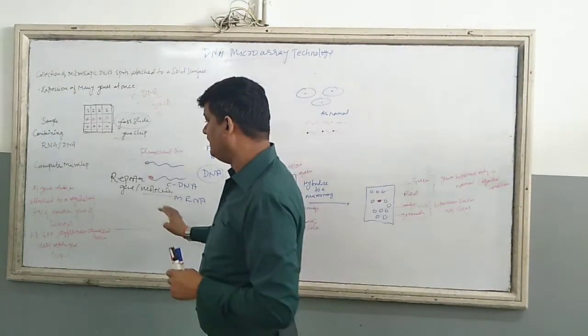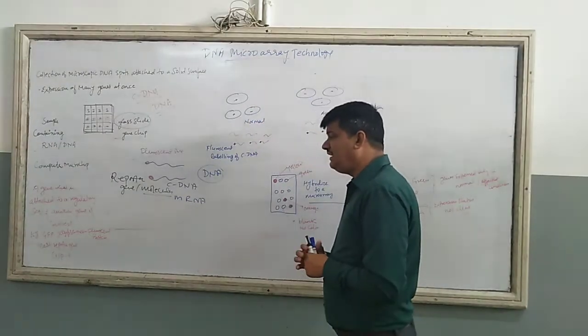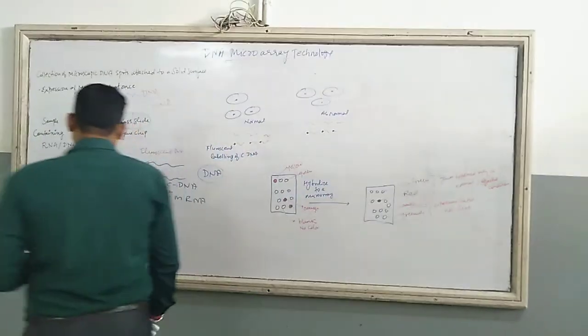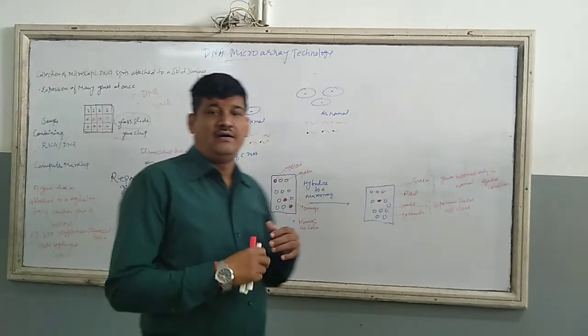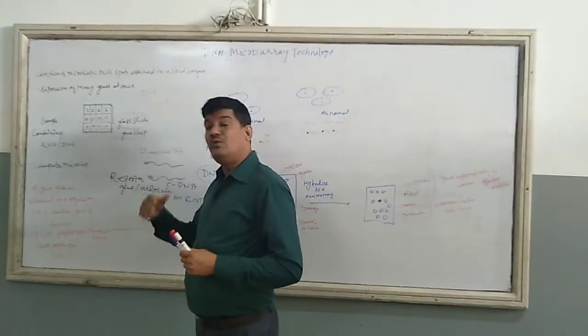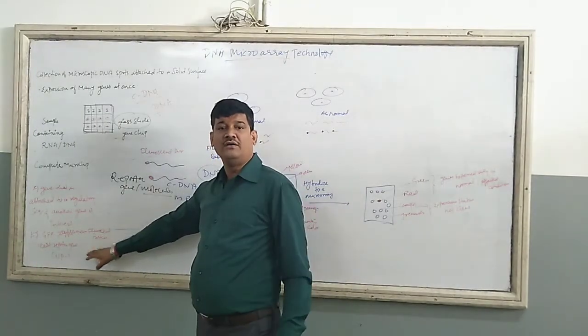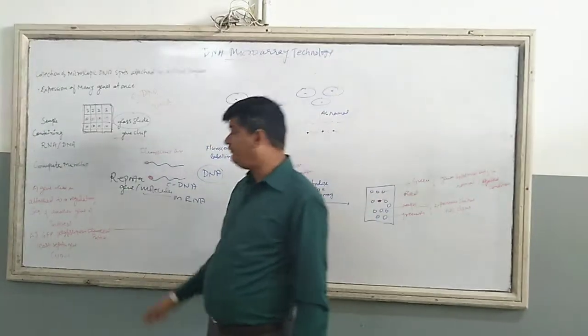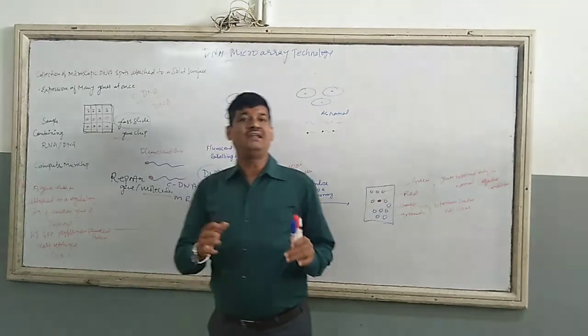For example, we studied about GFP. GFP stands for jellyfish green fluorescent protein. GFP is a reporter gene, and it has the tendency to express fluorescence in the jellyfish. Another reporter gene, you have studied about the lac operon.